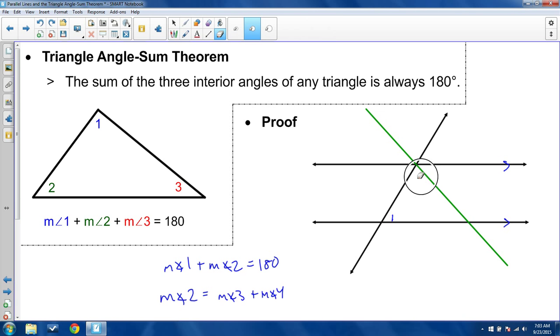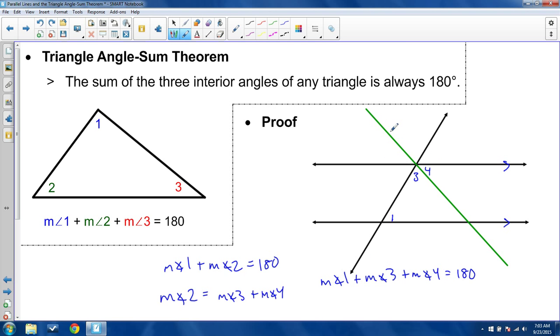So I'm going to erase 2, because that's what 2 was. This becomes 3 and 4. So now we're looking at the fact that the measure of angle 1 plus the measure of angle 3 plus the measure of angle 4 is 180 degrees. That's by substitution. Like I said, I'm not doing a two-column proof, but I'm stating my reasons as I go through.